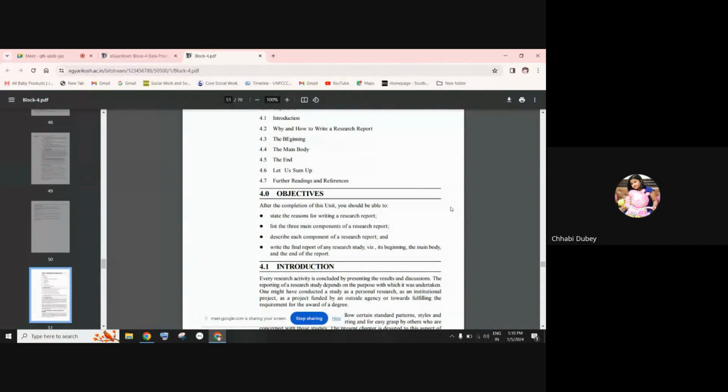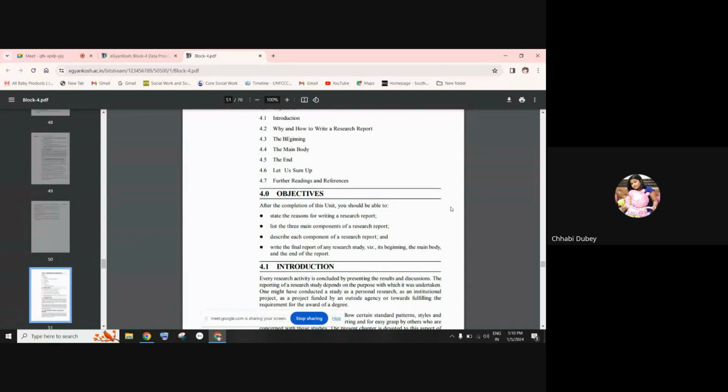So in this unit, basically we will try and understand why it is important to write a research report, why we are writing a research report in the first place. We are going to understand the main components of the research report. There are different components in the research report.